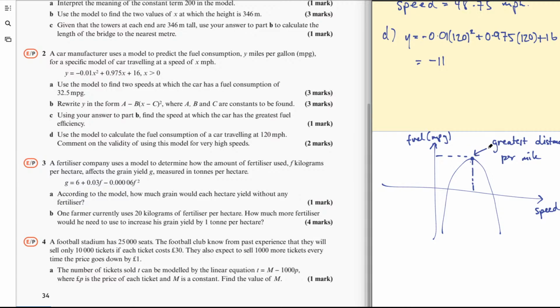So that would be the greatest efficiency at the maximum. And so then when we get a negative for the miles per gallon, we got a negative answer. So that means we're using negative 11 miles per gallon. So we're traveling negative 11 miles, which is of course impossible.